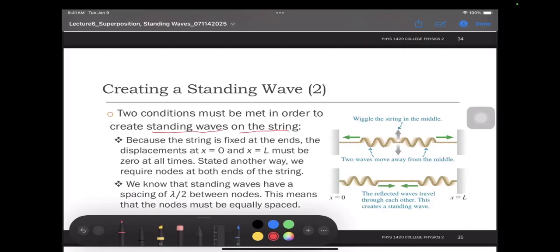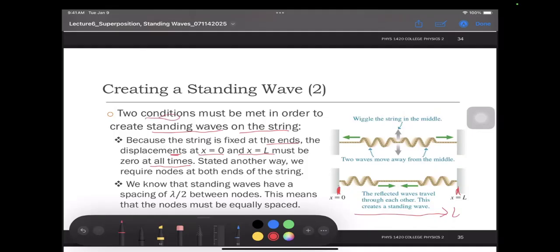Because the string is fixed at the ends, the displacement at x equals 0 and x equals L must be 0 at all times. Here is x equals 0, and here is x equals L, because the total length of the string is L.